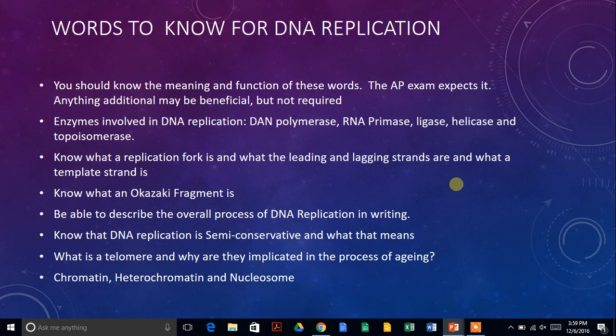Alright, before we get started with the specifics of DNA replication, after today, this is things that you should be able to know. You should know the meaning and function of these words. The AP test expects it. Anything additional than these words or these concepts that were in this chapter may be beneficial, but not required.